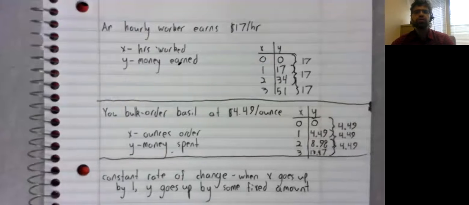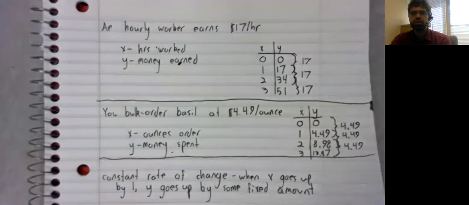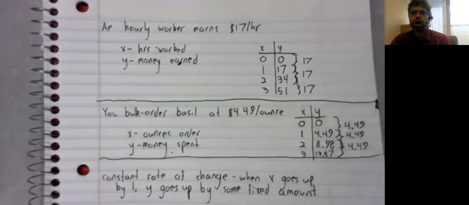This is a linear relationship. And linear relationships are special. Most relationships are not linear.